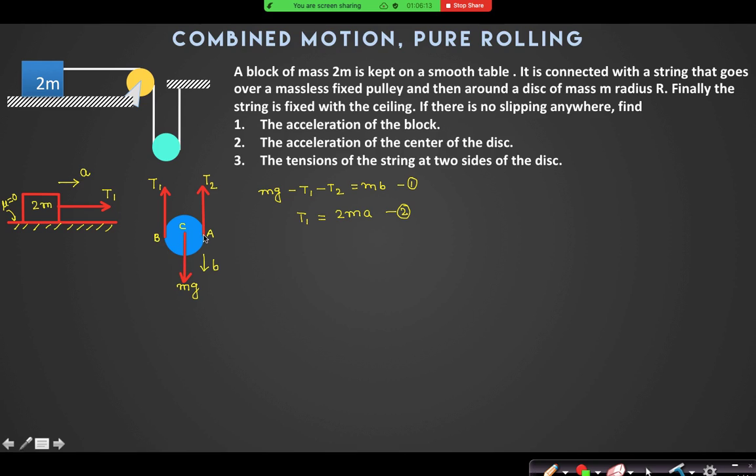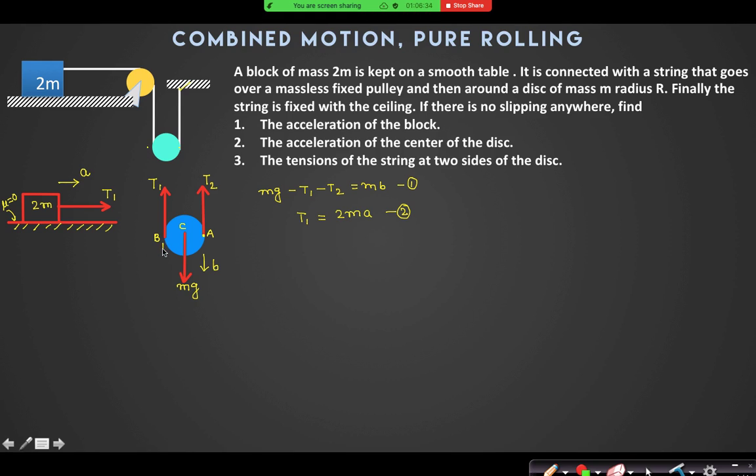Okay, sir, as it is rolling and it is connected with the top at rest. So what is the acceleration of this point A? It should be 0 or not. So either A or B, I think you can take any one. But not about B, because that is not fixed. Point B is coming down with some acceleration.